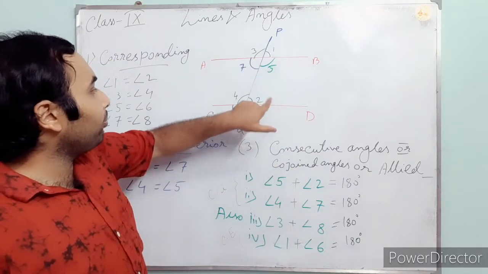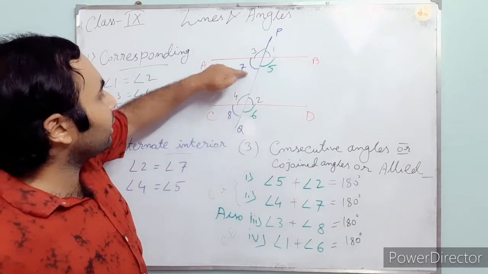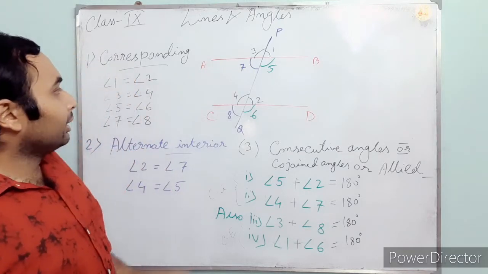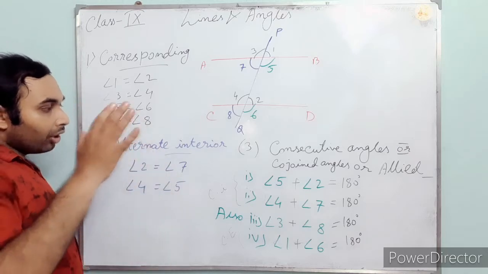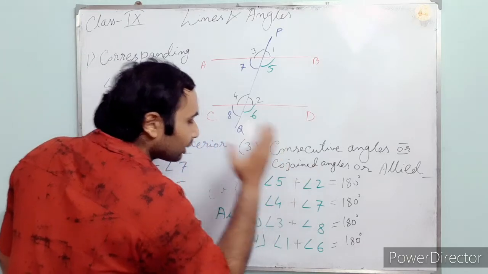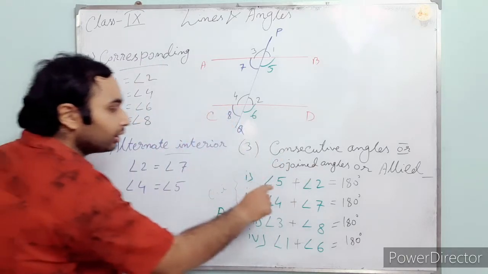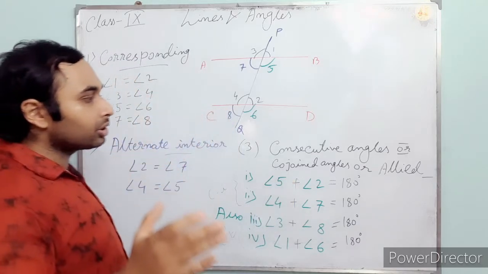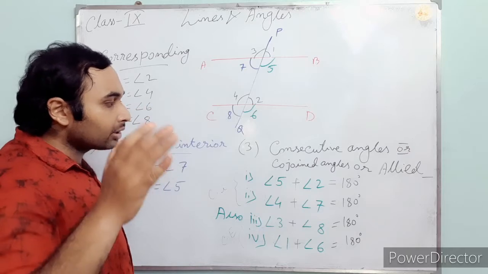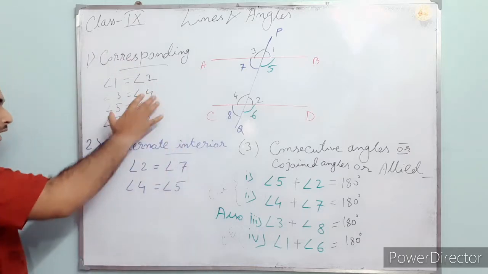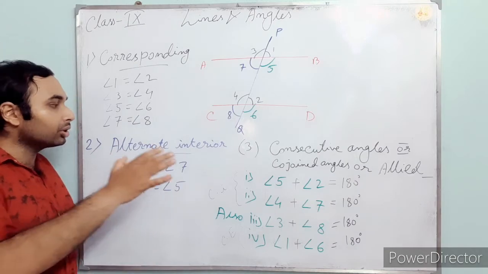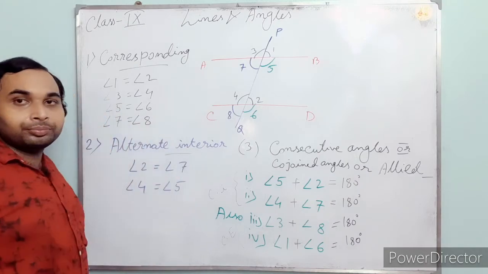That is, angle 5 plus angle 2 is 180 degrees, and angle 7 plus angle 4 is 180 degrees. Consecutive angles, only those angles, are the supplementary angles. Don't write those are equal. The pair of consecutive angles are always supplementary pairs. But here the corresponding angles and the alternate interior angles are equal.